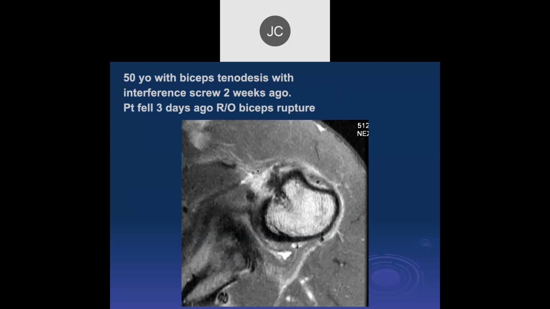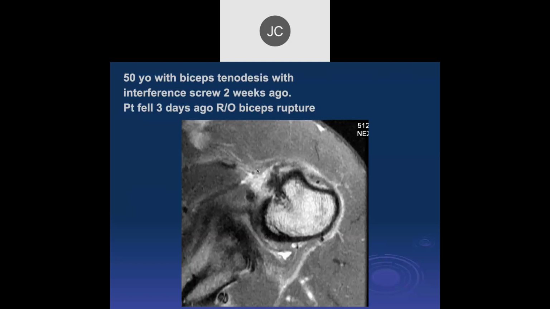And I don't know if I like a threaded screw going through the biceps that kind of cuts through the biceps and that may subject the patient to tear. There are better techniques than that.